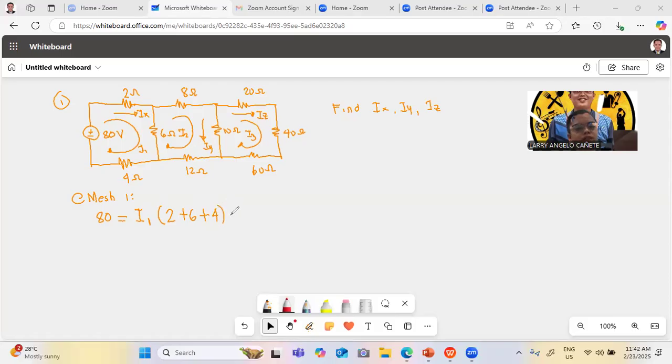And then, if there is a resistor opposing to the other side of the mesh, then you subtract. Very obvious that there is a 6 ohm here opposing to the other side, therefore minus 6 I sub 2, because on that side is mesh current I2, based on your designation that this is I1, I2, and I3.